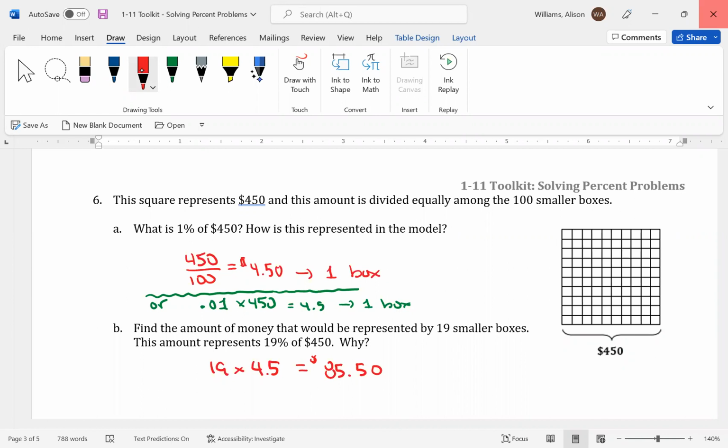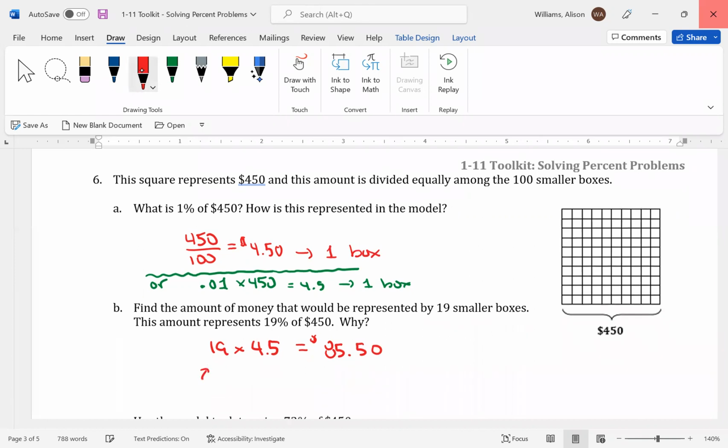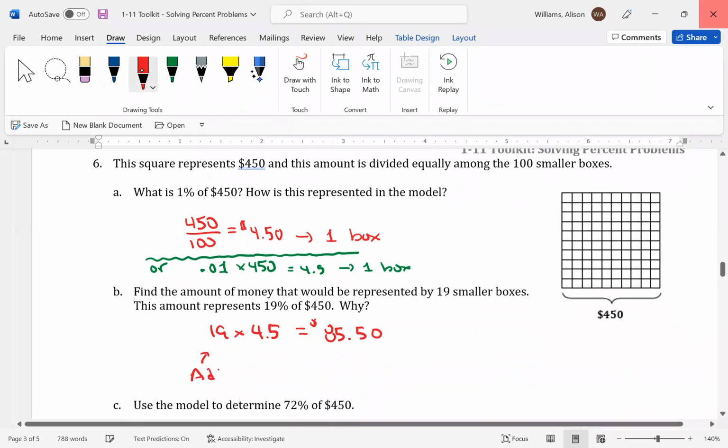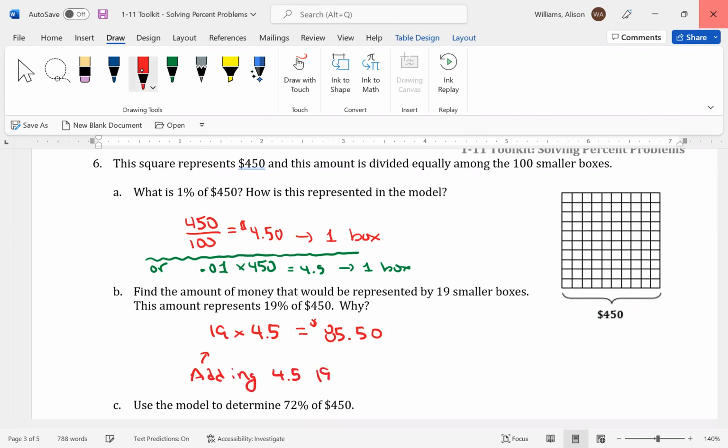Well, that's because each box is 4.5 and we have 19 of them, so we're basically adding 4.5, 19 times. All right, so now they're saying use the model to determine 72% of 450.